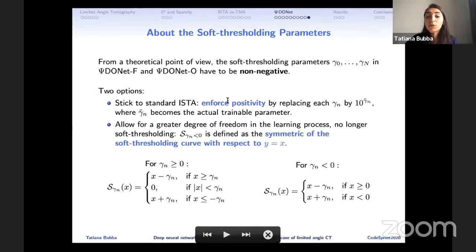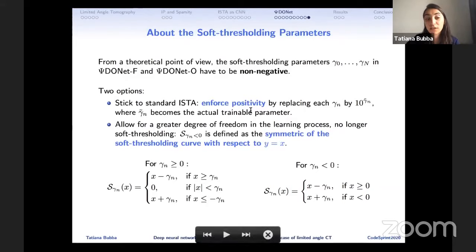But when we enforced positivity on this parameter, for instance by doing something like this, so gamma n becomes 10 to the gamma tilde n, where gamma tilde n is the actually trained parameter, results were not so good. I will show you in a bit. So in the end, we made some adjustment.